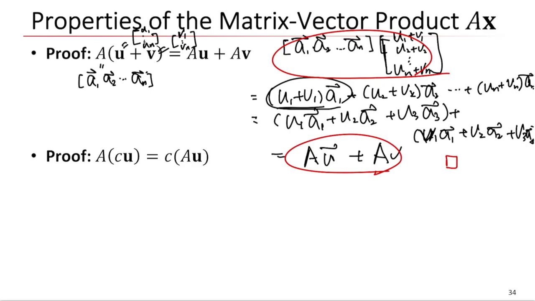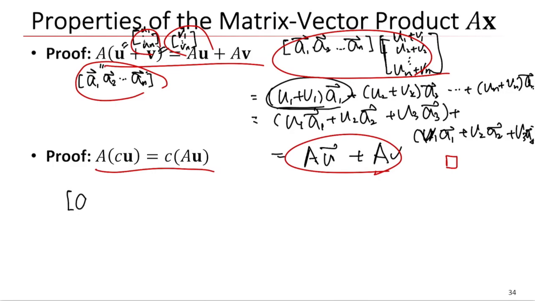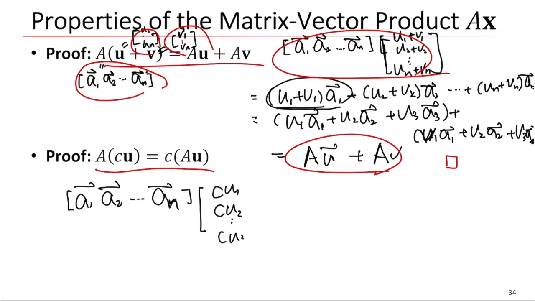To prove this one, let's use the same definition. Let's write the left hand side first. A1, A2 through AN, right? Then cu means cu1, cu2 through cun, right?